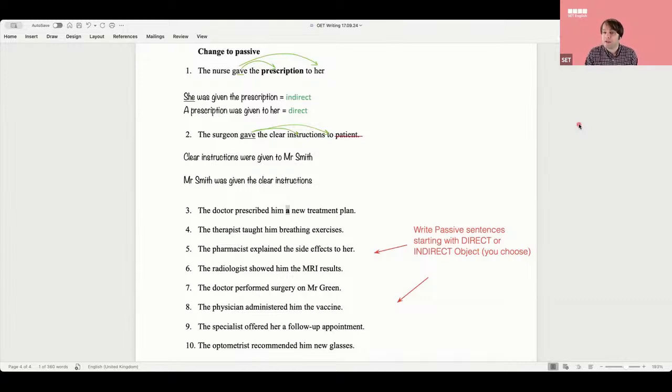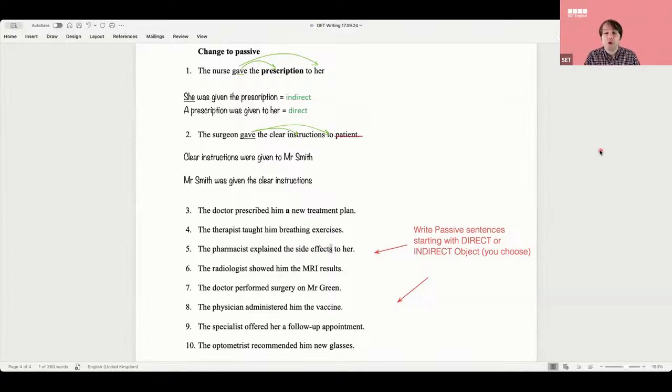So Priyangi, this is good. Patricia, this is good. Breathing exercises. Correct, Mustafa. Anna, the side effect was explained. Yeah, so Anna, this was good. Side effects, don't forget the S, Anna. Okay. Sevkan, breathing exercises were taught by the therapist for him. Now Sevkan, breathing exercises were taught.